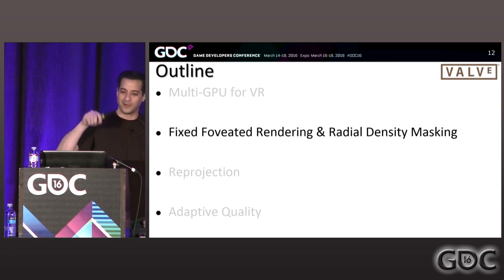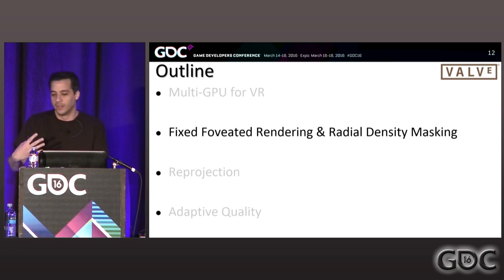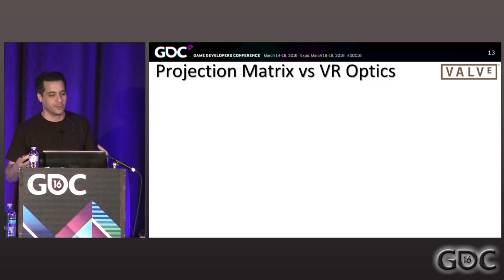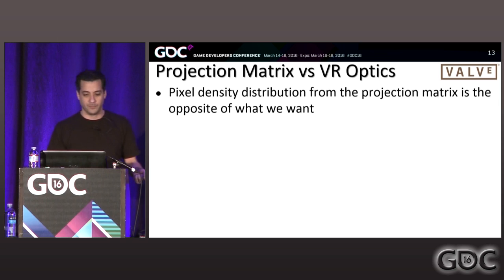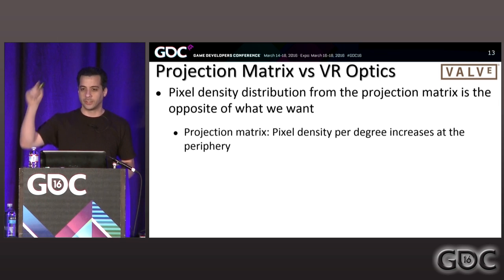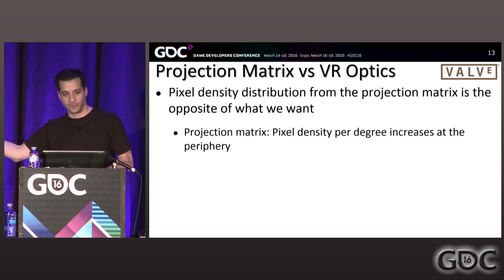It's not hard. But I wanted to share this idea because we have this big problem: there's this difference. The projection matrix and our VR optics are at odds. They want their pixel density distribution to be different, or actually opposite. And what I mean by that is the projection matrix wants a higher pixel density per degree at the periphery versus the center of your screen.